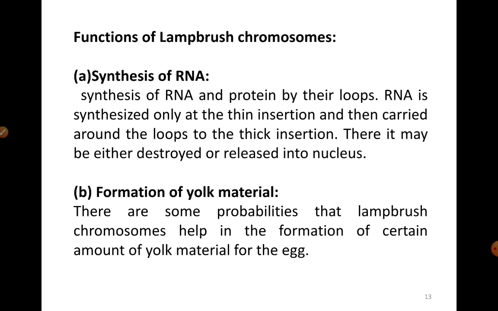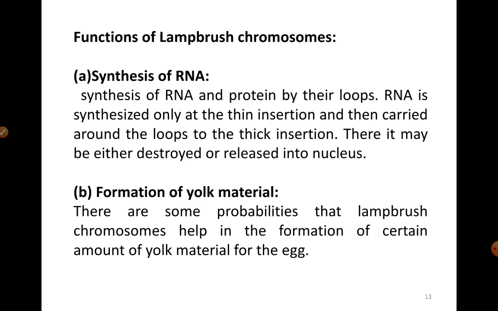Now, what could be its functions? There are two main functions of lampbrush chromosomes. One is synthesis of RNA, because we know that RNA is present in each loop, and so it helps in production of this RNA. And then formation of yolky material, wherein there is some probability that these lampbrush chromosomes help in the formation of a certain amount of yolk material in the egg.